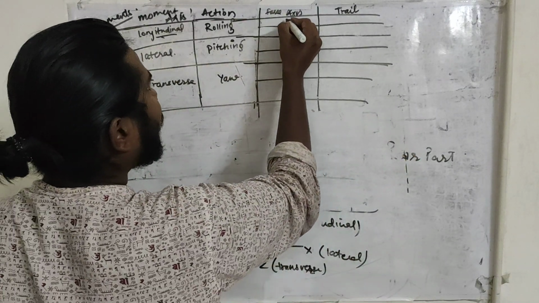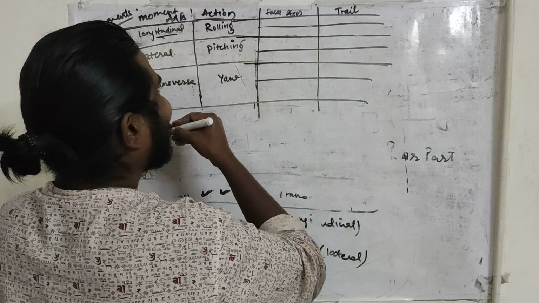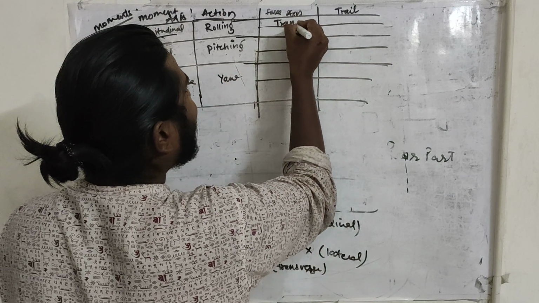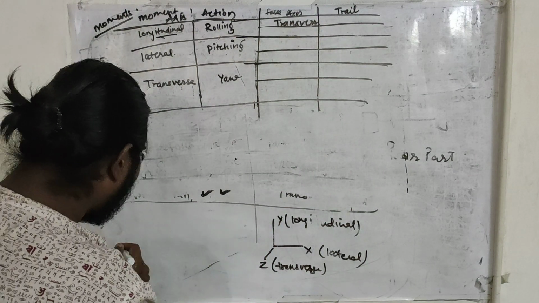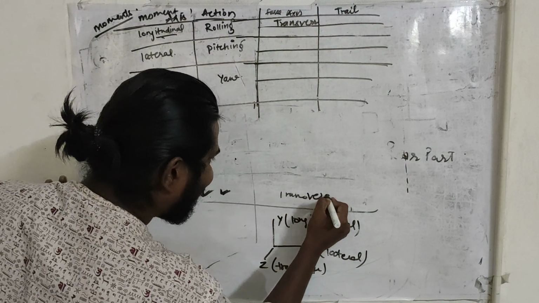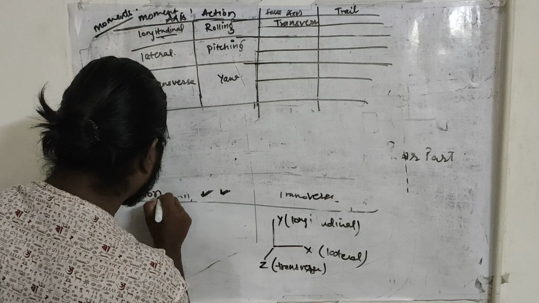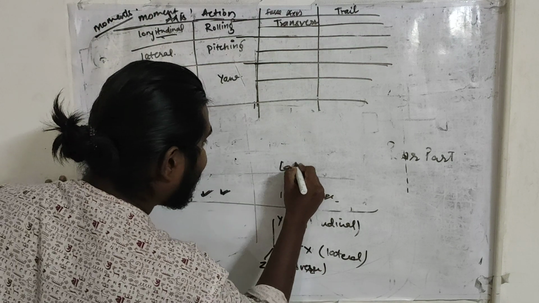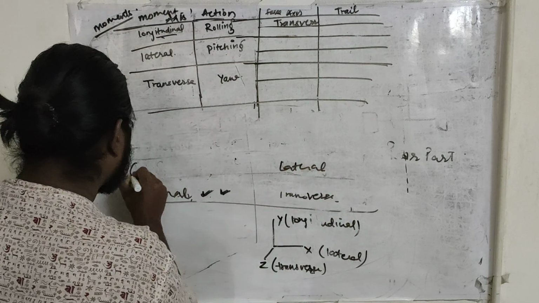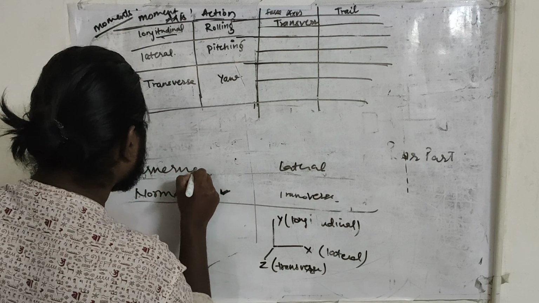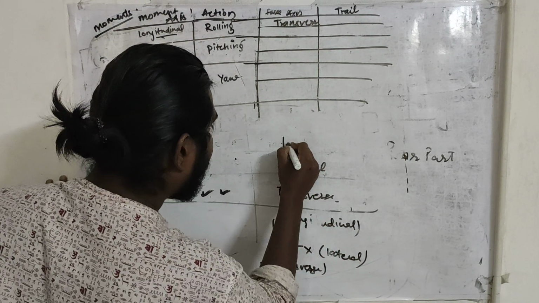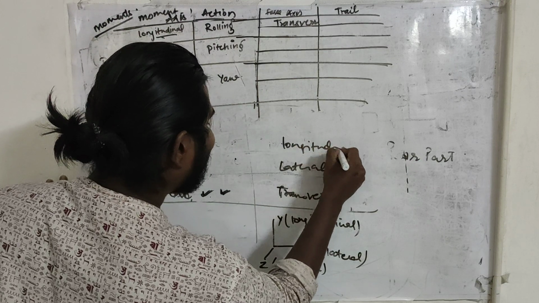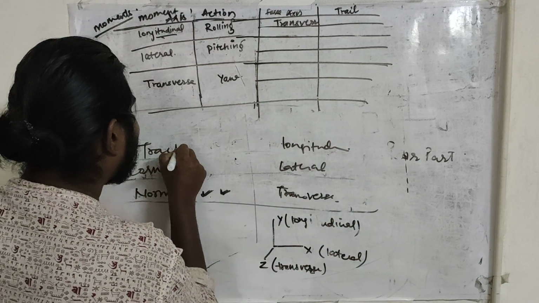Now force axis, when I talked about the normal force, when force axis is transverse. Along the transverse axis, oh, I just rubbed all these things, sorry. Along the transverse we have got the normal. Along the lateral we have got the cornering. Along the longitudinal we have got the tractive.